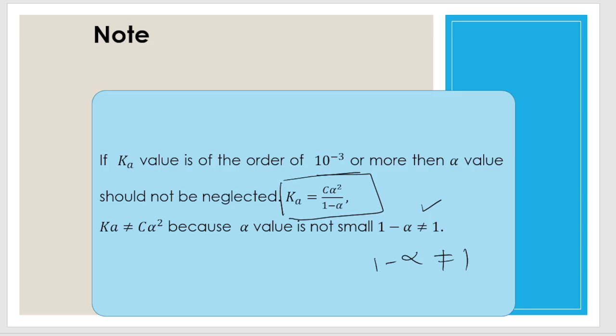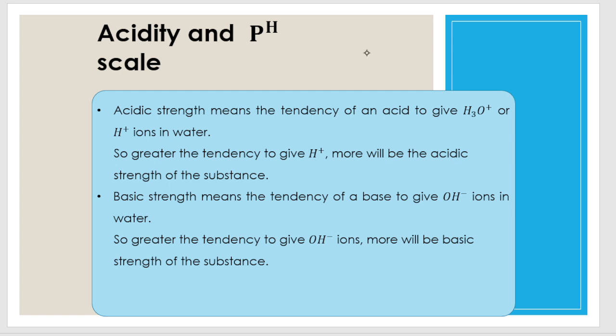Now let's get into the main topic of this part, that is the pH scale. First of all, what is meant by pH? pH is nothing but the negative logarithm of H plus ion concentration. If we consider the H plus ion concentrations of weak acids, generally they are decimal values.